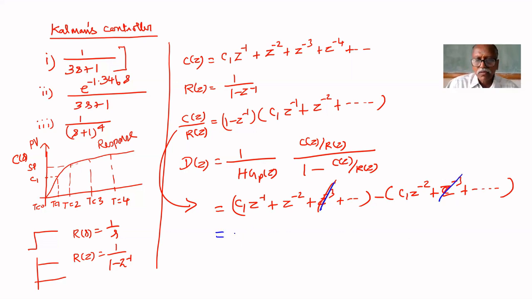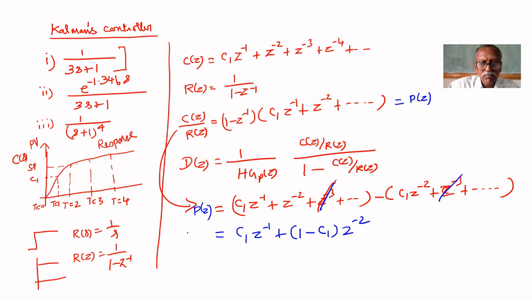Therefore, C1 Z power minus 1 plus (1 minus C1) Z power minus 2. This is C of Z upon R of Z. Let us call this C of Z by R of Z equal to P of Z. Therefore, P of Z equal to this.